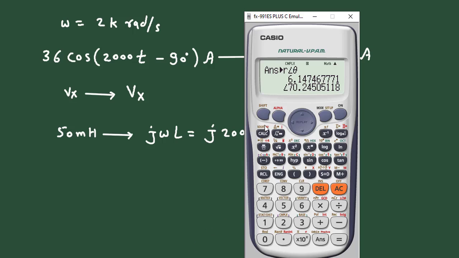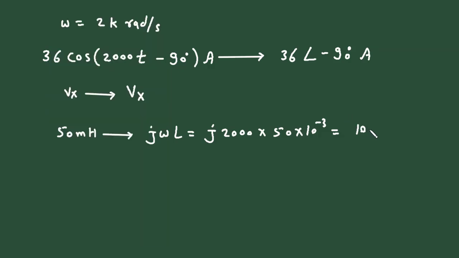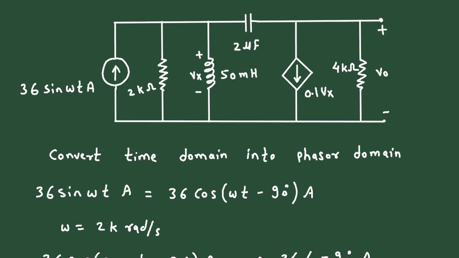So let's solve this. j into 2000 multiplied with 50 multiplied with 10 to the power minus 3 is 100 j ohm.